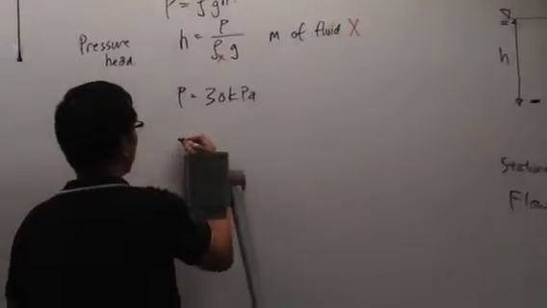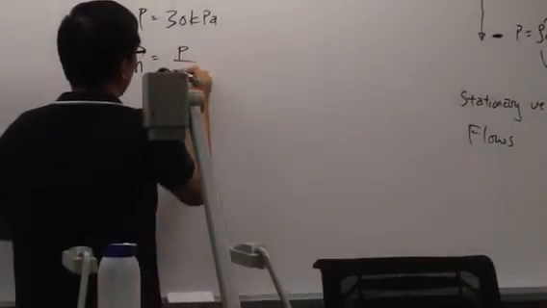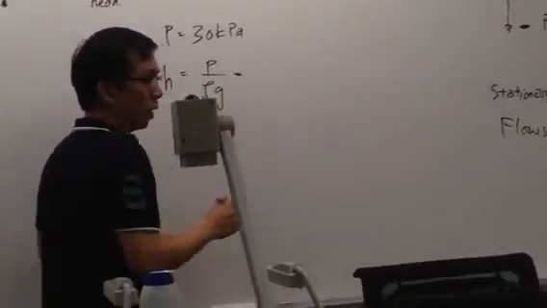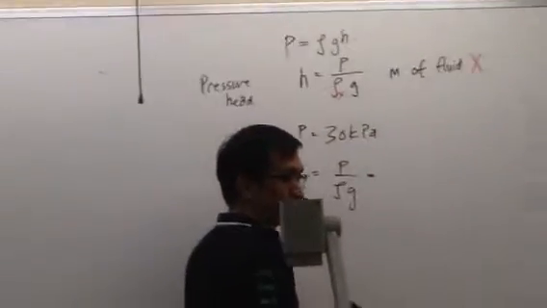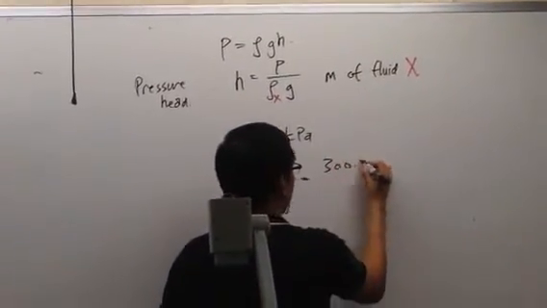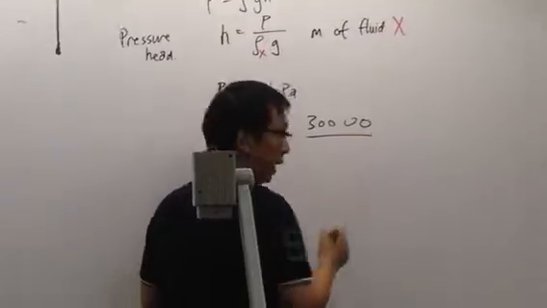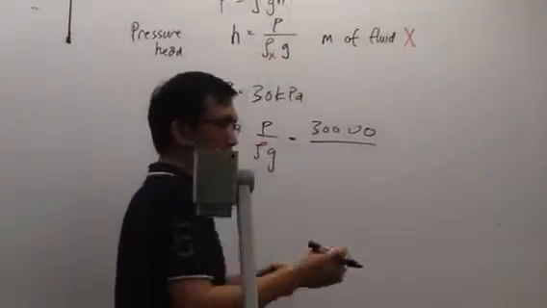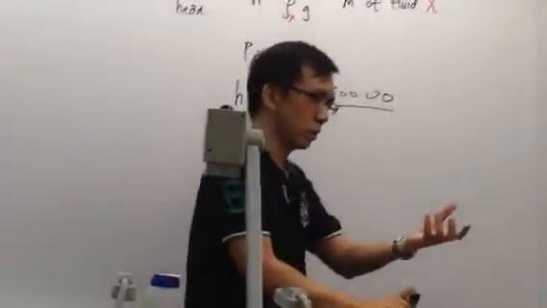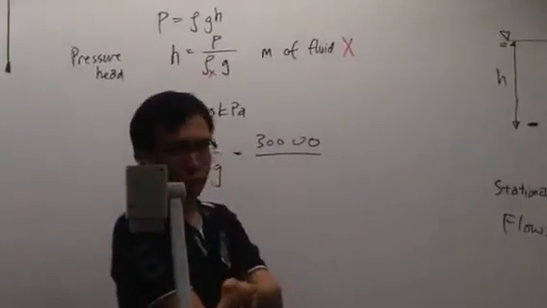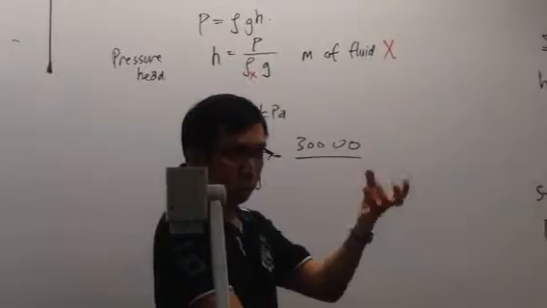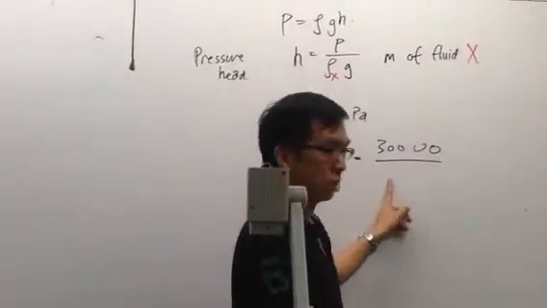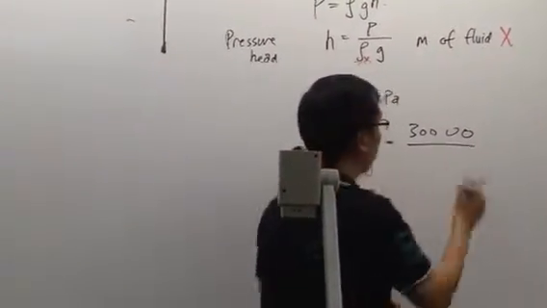So straight away you use this formula. Pressure I put 30,000. Then the density is of the fluid that you want to express it in. Just now I said express in meters of water, so the fluid must be water, and the density is the density of water.